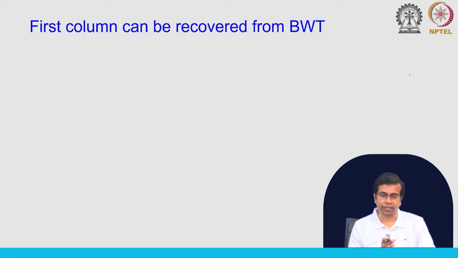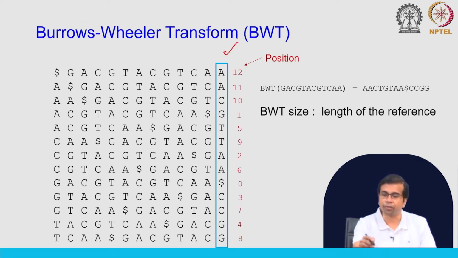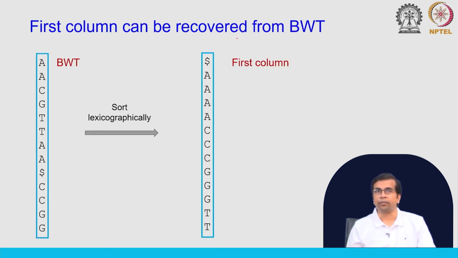If you simply store this column in the memory or in a file, because once you have generated this BWT for a reference sequence or reference genome, you can store it, and every time you have to do mapping, you can simply load that information into memory. And it turns out if you store this BWT, you can generate the first column, because the first column is lexicographically sorted.